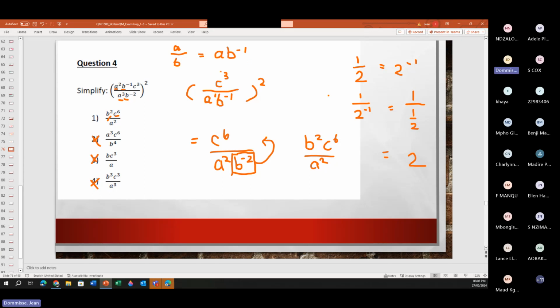The same you can do the other way around. So if you had a b to the power of minus 1 and you wanted to write it as a fraction, you can write it as a, take the b, because this is now over 1, take the b to the bottom, and the b to the power of minus 1 becomes positive b to the power of 1, which is just b.